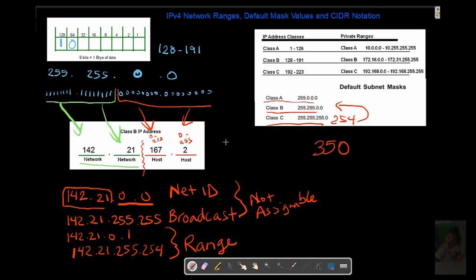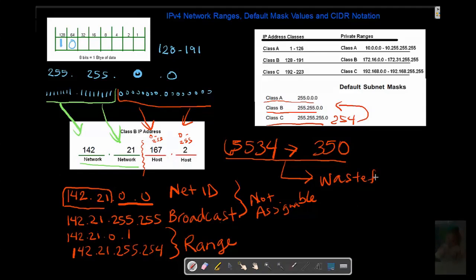We move to a B. Well, a B allows us 65,534 devices on it. That is much greater than 350. In fact, it's so much larger that we would then be extremely wasteful of our addresses.